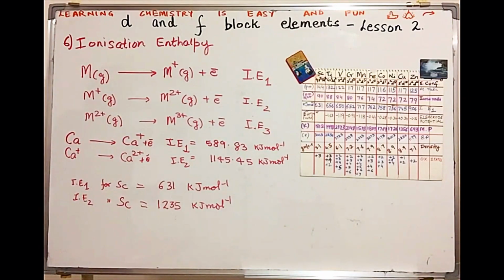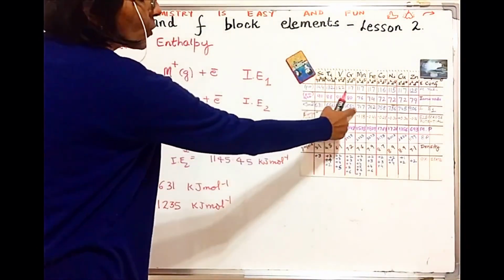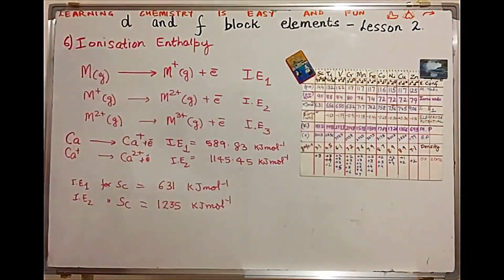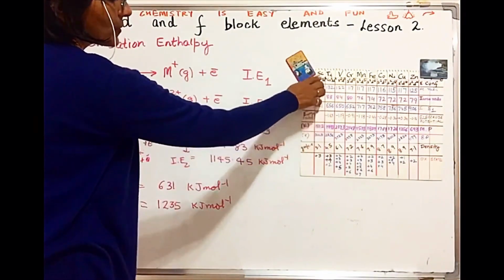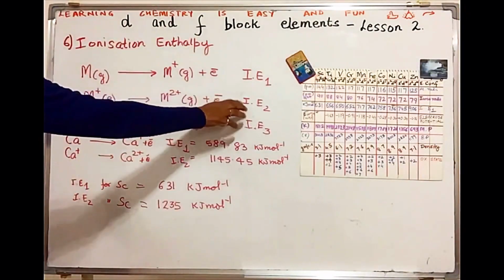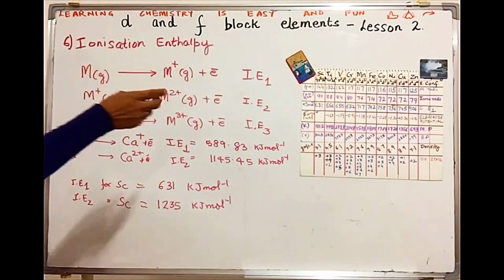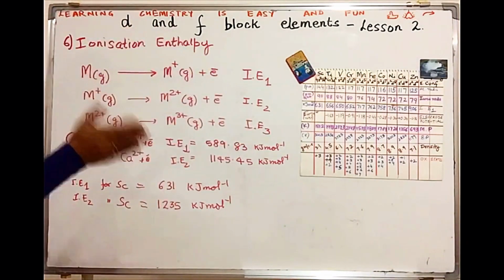Some points to be noted over here. Here I have listed the ionization enthalpy in blue for the 3d transition series. If you see the first ionization enthalpy for scandium, that means when you remove one electron; second ionization enthalpy when you remove 2 electrons; third ionization enthalpy when you remove the third electron, and so on.